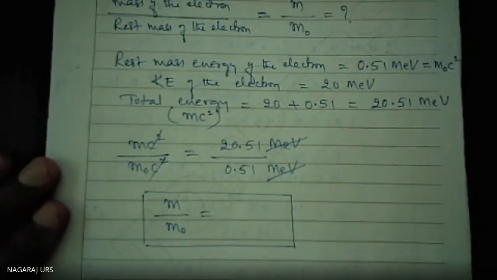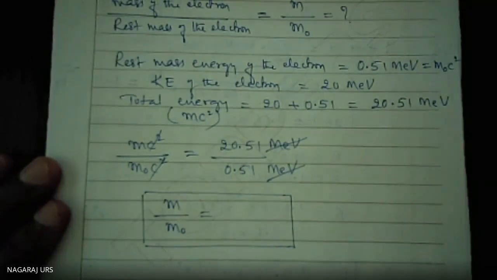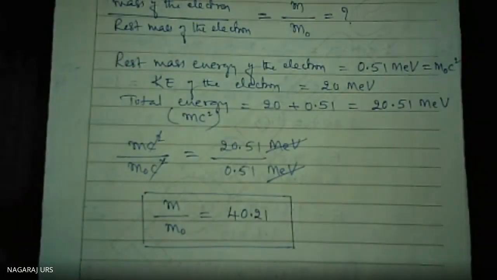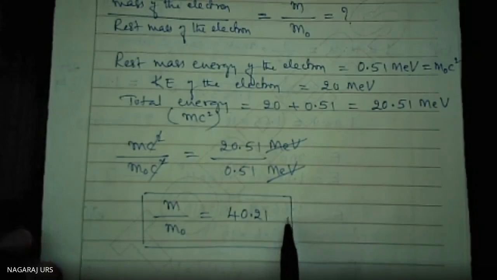Kiran Shetty, answer it. How much you got? 40.2156. Not over yet, Kiran. Unit is not mentioned. What unit am I supposed to write here?